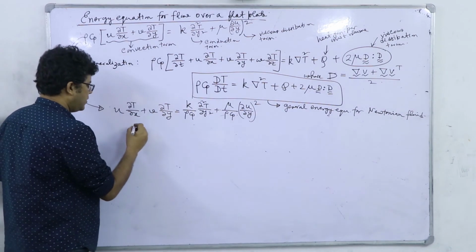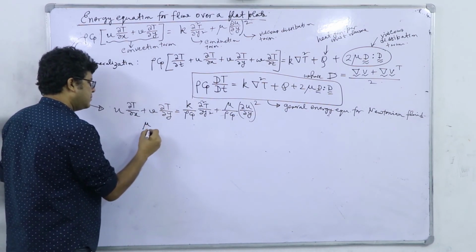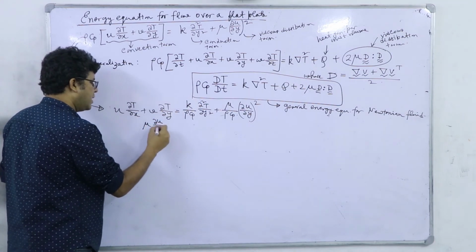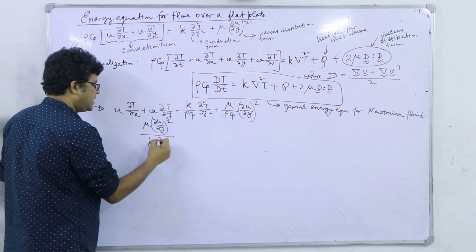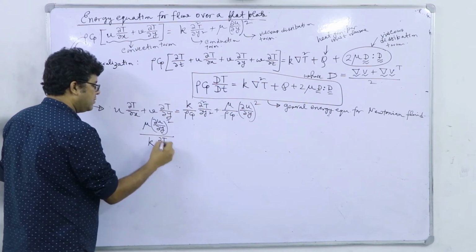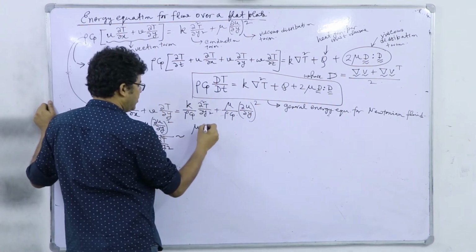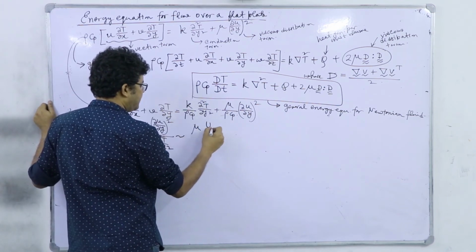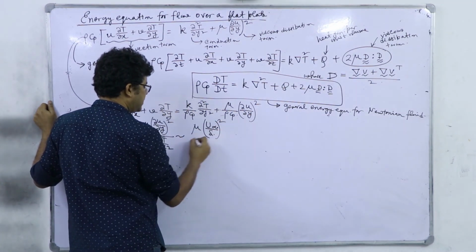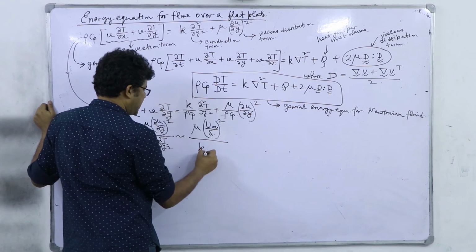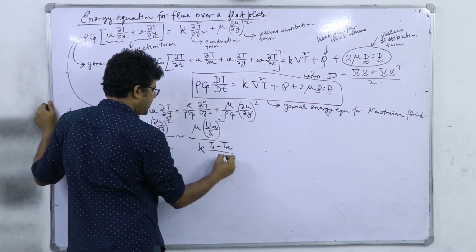Okay. Now mu into del u del y whole square divided by k into del square T del y square will be mu into u infinity by delta whole square, and here k into Ts minus T infinity by delta square.